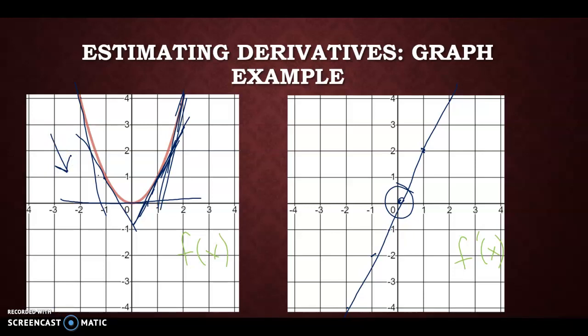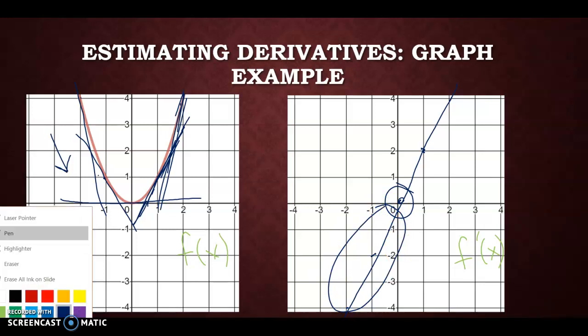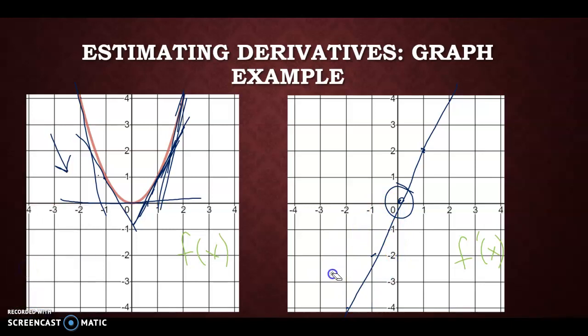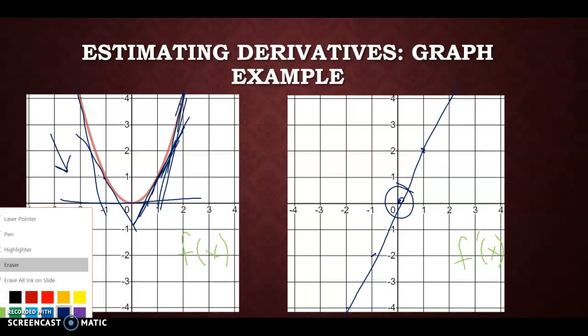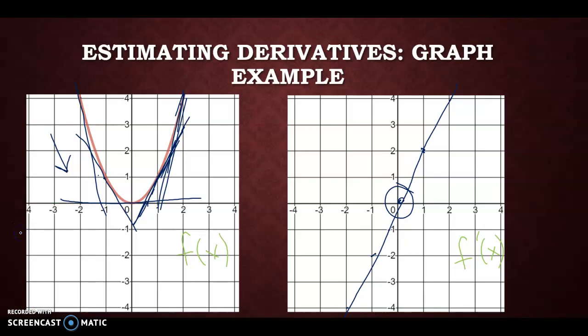If I look at my graph of f prime, these y coordinates are below the x-axis. So as I do that translation in my head, the y coordinates here are negative, and the slopes on this one are downhill. The slopes on f are negative.